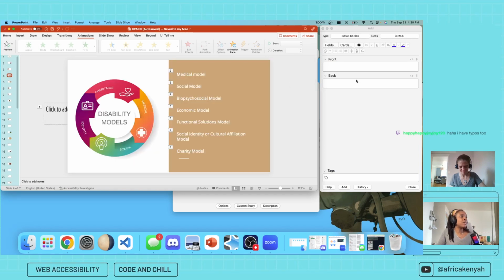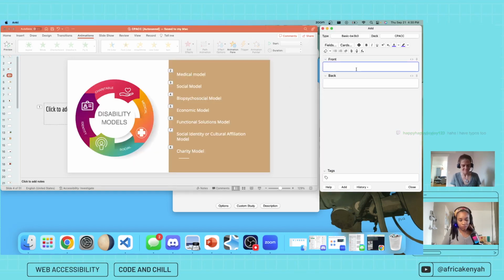Okay, y'all. What is the biopsychosocial model? Damn, not the caps yelling at me though. All right, what is the biopsychosocial model? I remember that it has three pieces. Let's see if anyone can remember the three pieces.